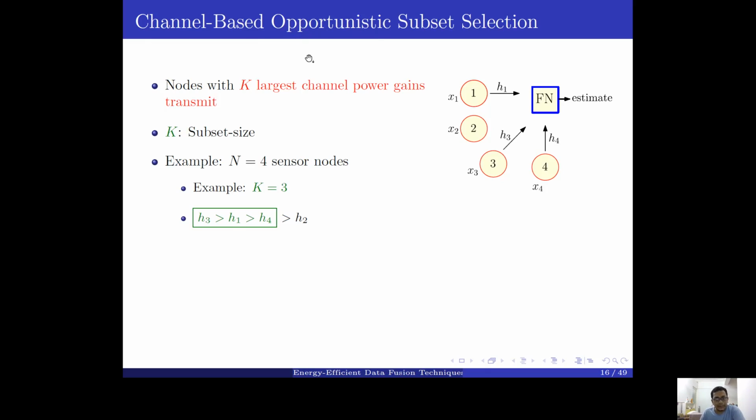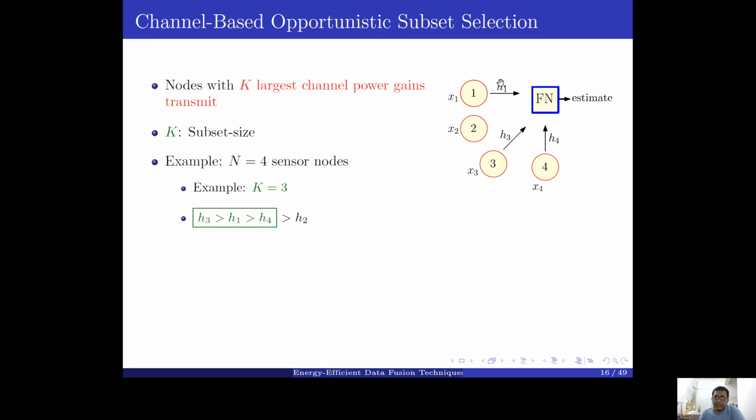In opportunistic subset selection, the nodes are ordered in the decreasing order of their channel power gains, and a certain subset of them is selected for transmission. For example, we only want to make the nodes with the k largest channel power gains transmit. We refer to k as the subset size.